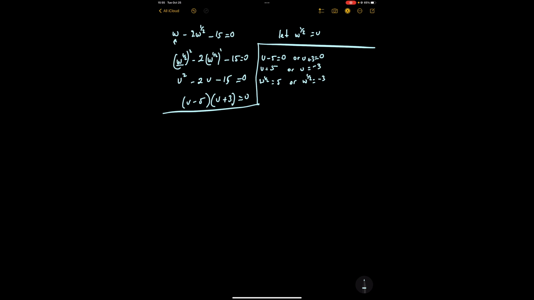Now we're going to square it. And when I say square, I'm not talking about turning it into w to the power of 1 over 4. We're going to use the power rule. So that will be w to the power of half, squared, equal to 5 squared, or w to the power of half, squared, equals negative 3 squared.